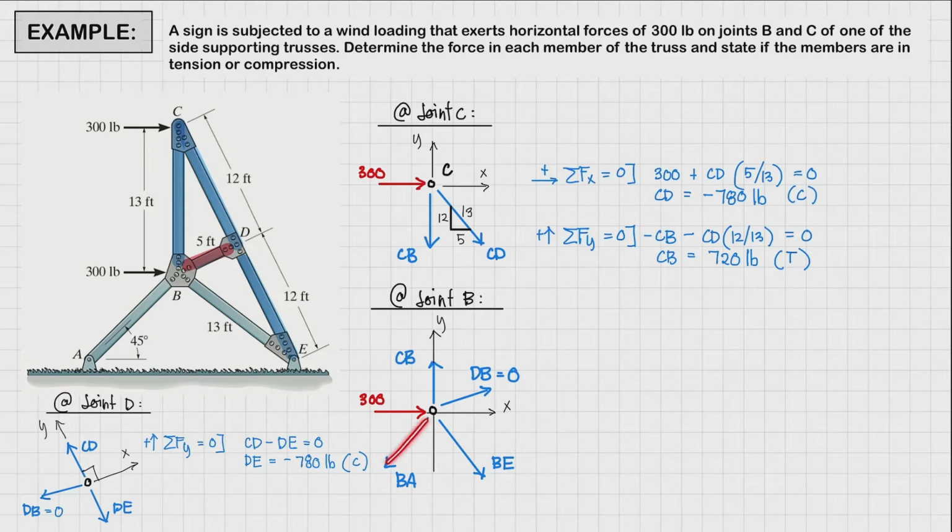Now, our unknown force BA, from the figure, our member BA or AB is inclined at a 45-degree angle. Therefore, this angle should also be a 45-degree angle. So let's write down our angle. So this is a 45-degree angle. Next, we don't know the inclination of member BE.